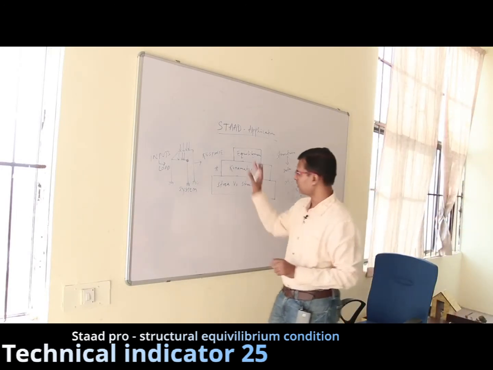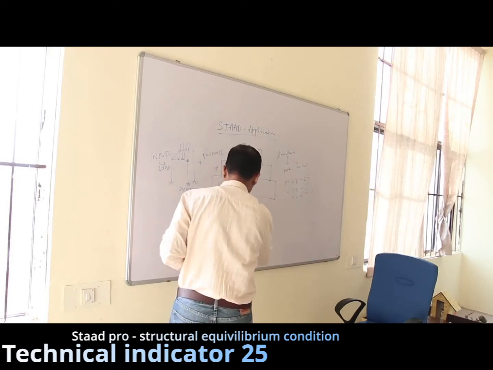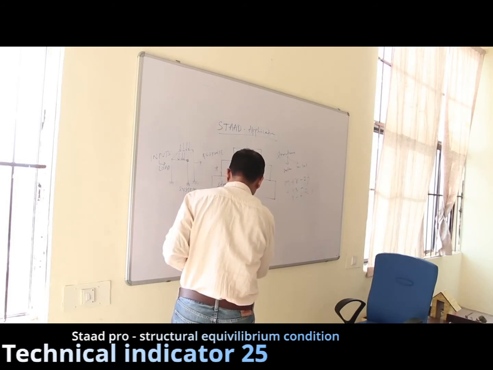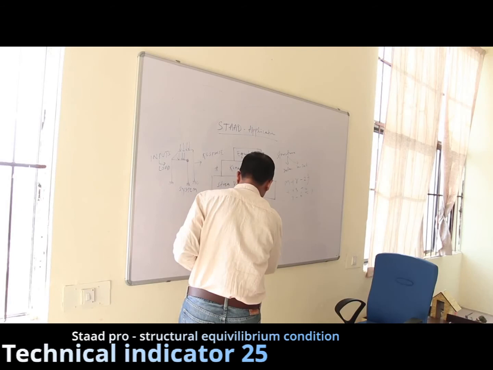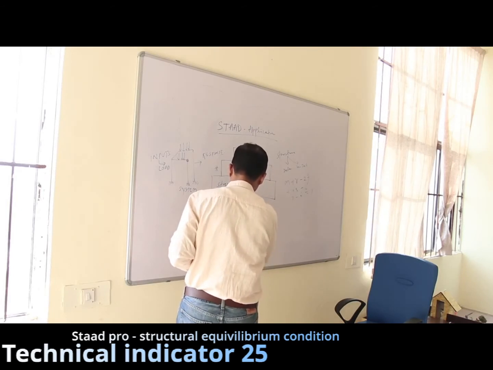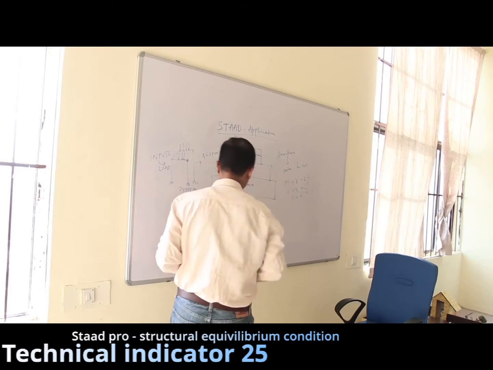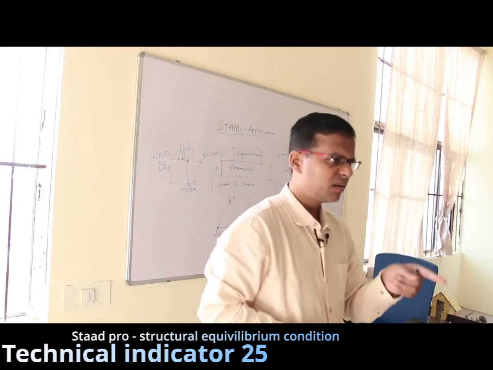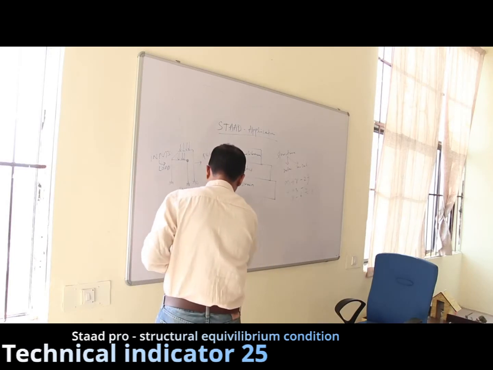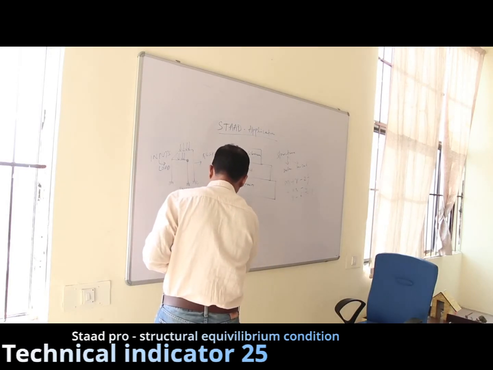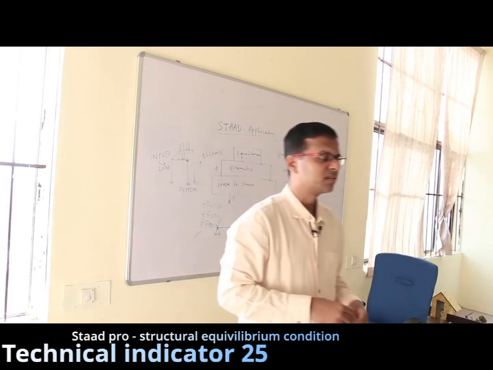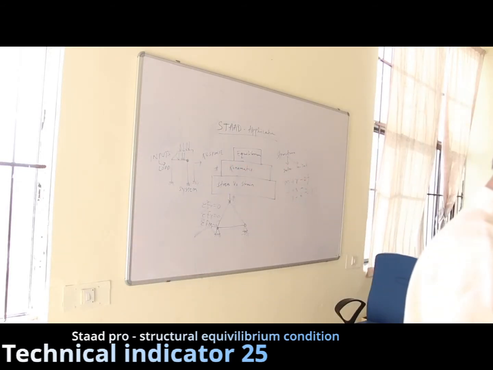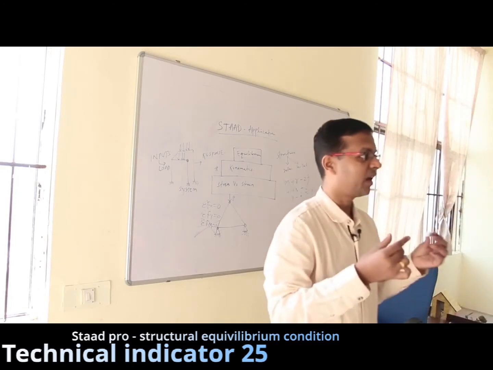There is a small structure. Before coming to this aspect, let us say there is a truss. This particular point is a hinge joint, and this particular point is roller supported, and here it is subjected to a certain load P. If you see the equations of equilibrium, ΣFx equal to 0, ΣFy equal to 0, and ΣM, moment, is not valid, because this is a truss. A truss is something which is subjected to axial load only.